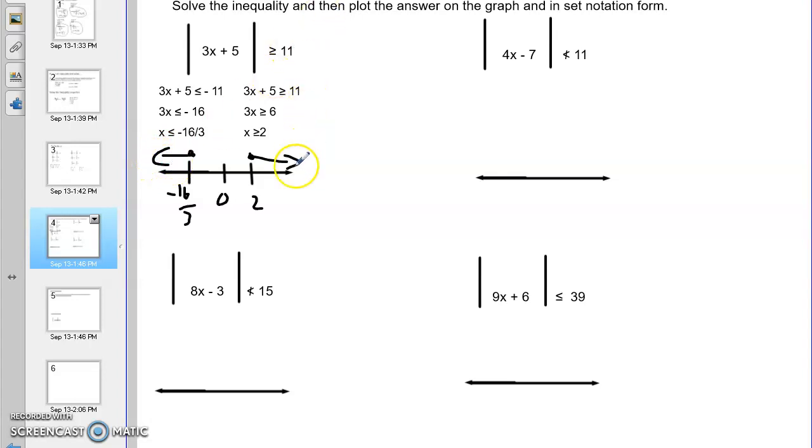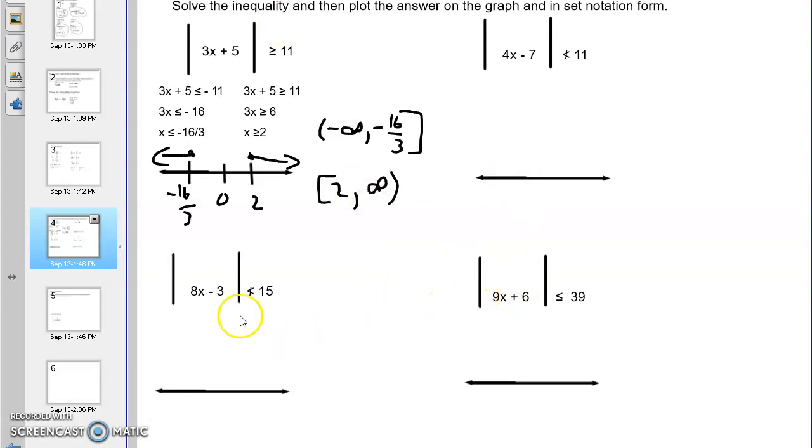And our set notation is going to be negative infinity to negative 16 over 3 with a bracket, and then a bracket around 2 because it's greater than or equal to infinity. Remember, greater than or equal to gives you brackets, greater than or less than gives you parentheses.